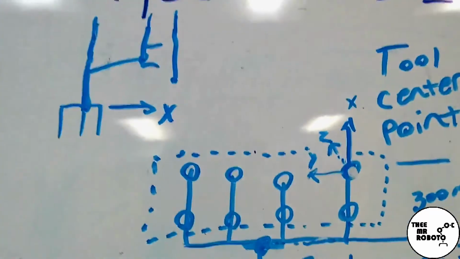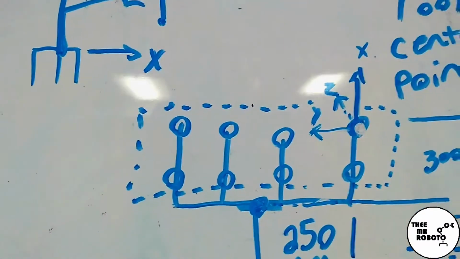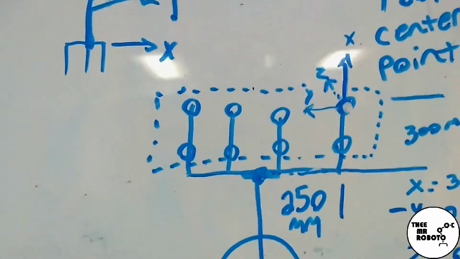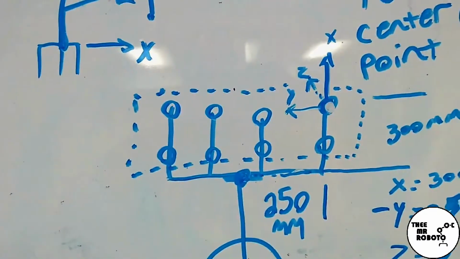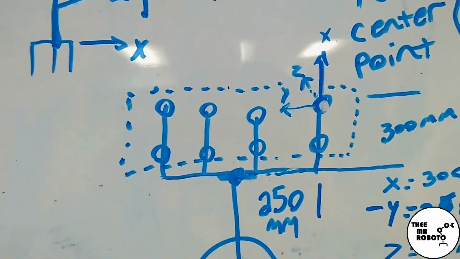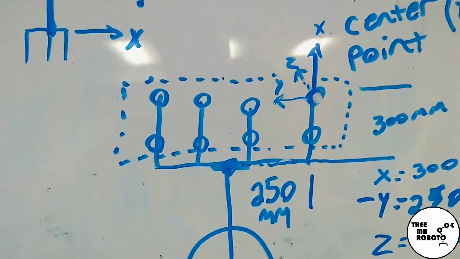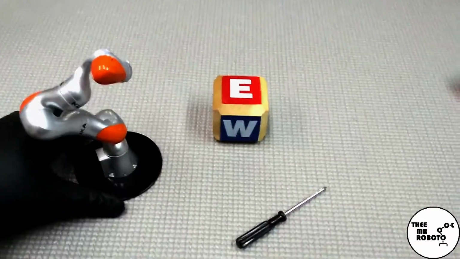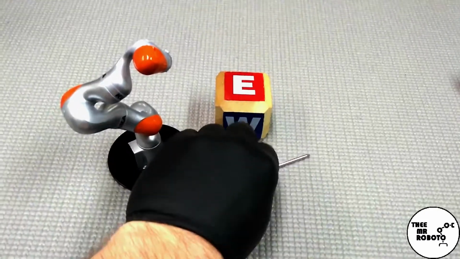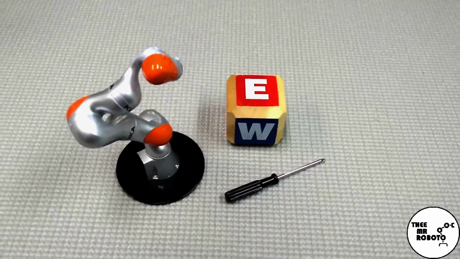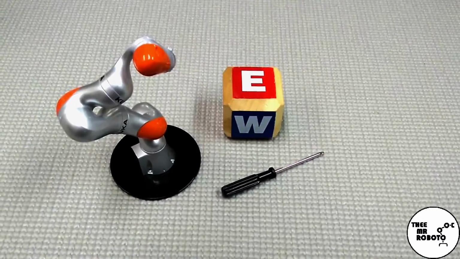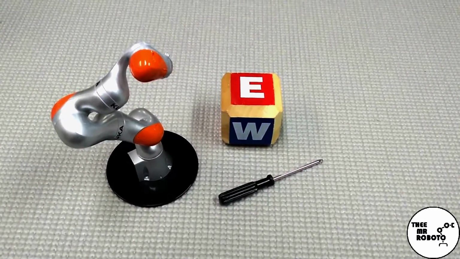There's a third type of coordinate system now, and for this I'm going to have to get my model back out, so let's go back over to the table. Okay, so the third type of coordinate system is a work coordinate system, or a base coordinate system.